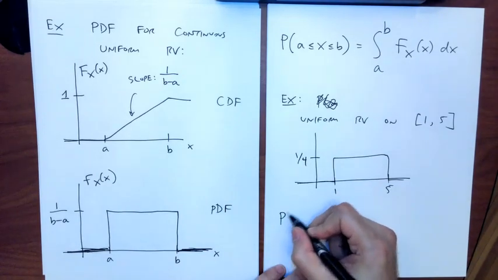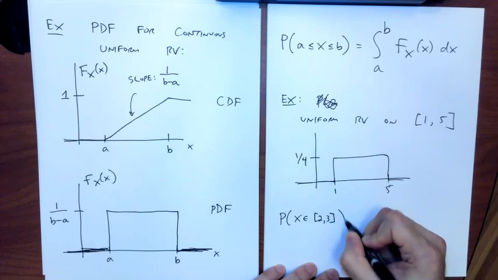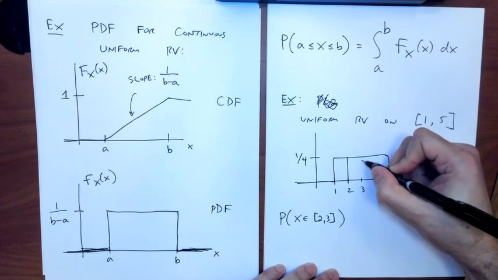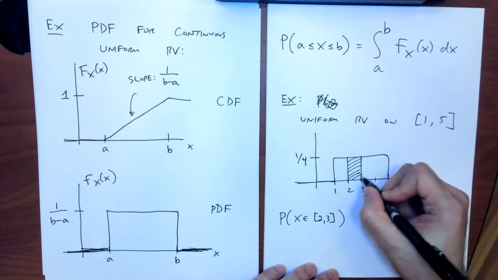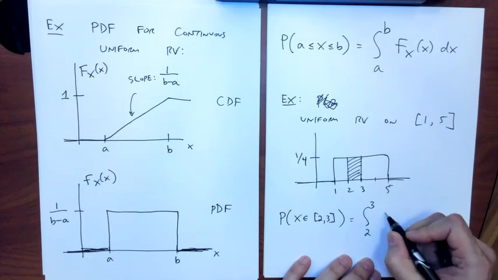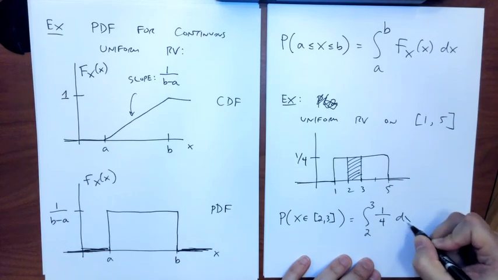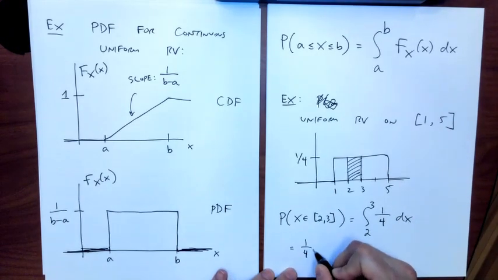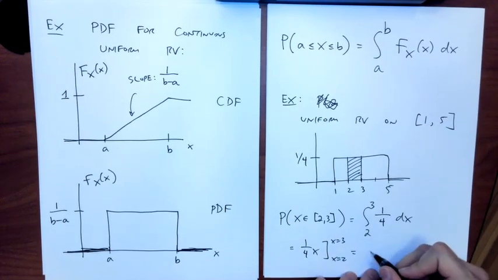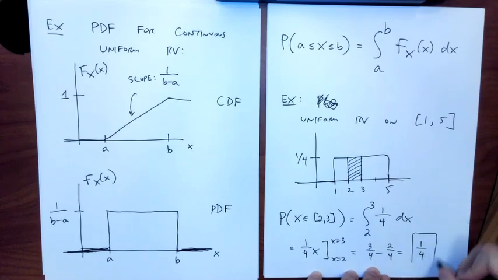And so if I want to know what's the probability that x is between 2 and 3, for example, I'm basically going to be integrating this part of the PDF, right? It's going to be the integral from 2 to 3 of my PDF value, which is 1/4 dx. So I'm going to get 1/4 x. And this turns out to be 3/4 minus 2/4, which is 1/4.